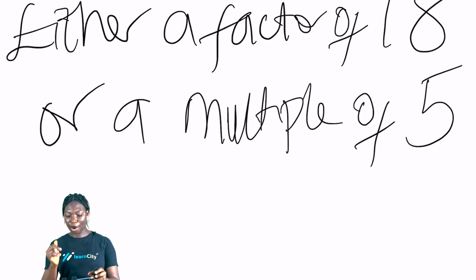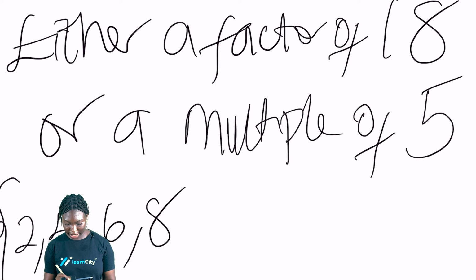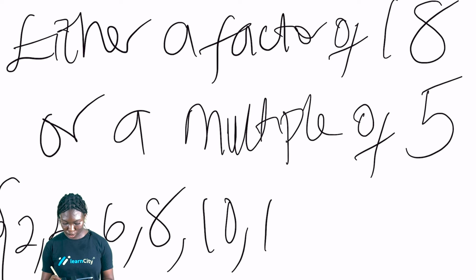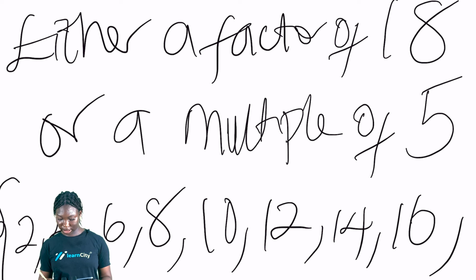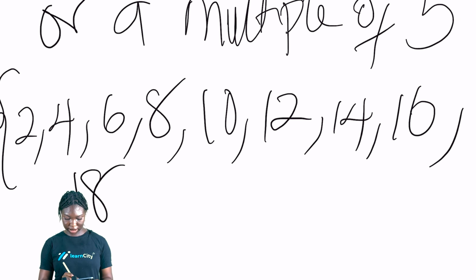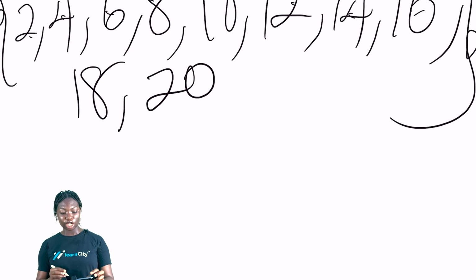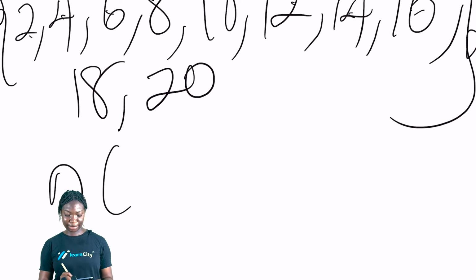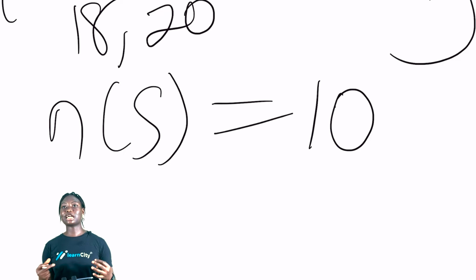Writing down the numbers up to 20, we have 2, 4, 6, 8, 10, 12, 14, 16, 18, and 20. So we have 1, 2, 3, 4, 5, 6, 7, 8, 9, 10. So we have the total number to be 10.